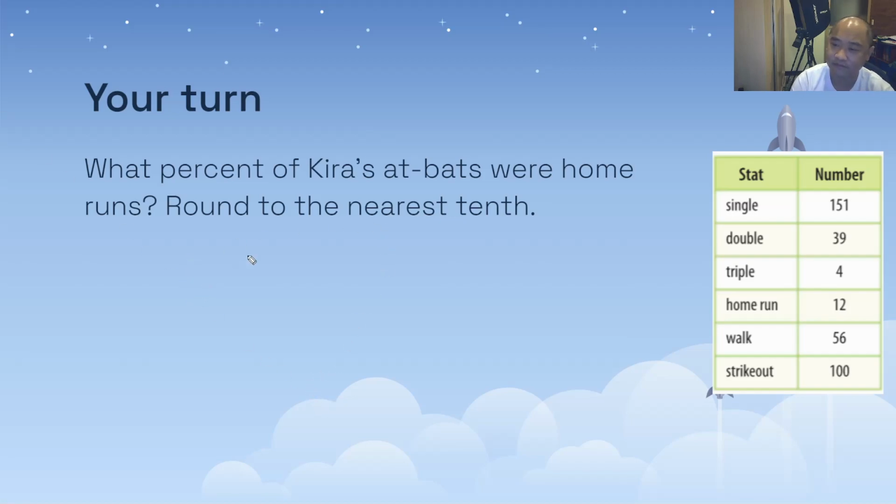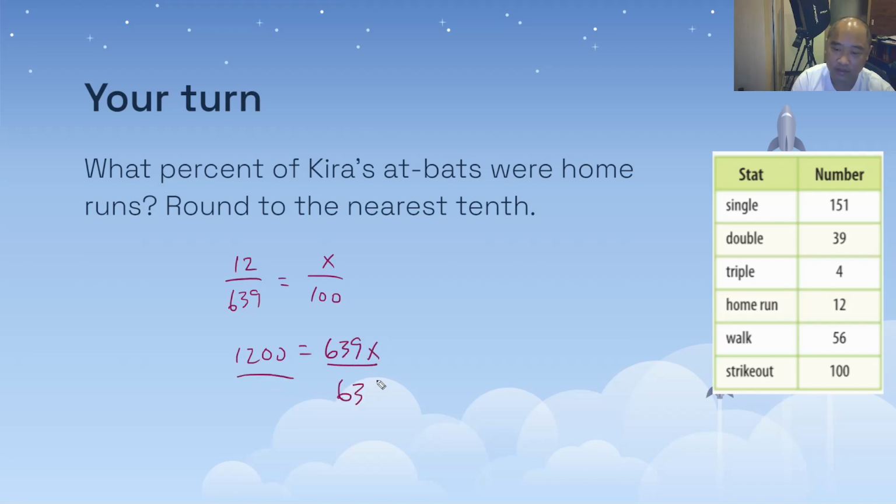All right, welcome back. Home runs. She hit 12 in the season out of 639 total. What percent? So that's 1200 equals 639x.